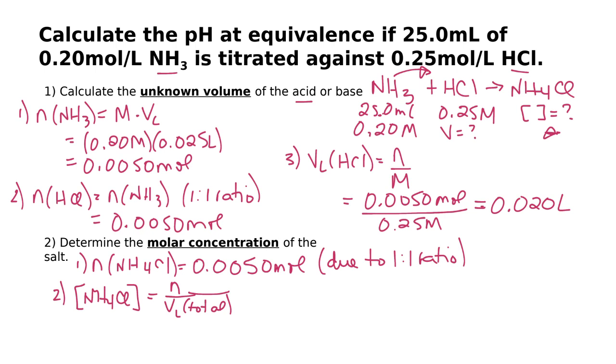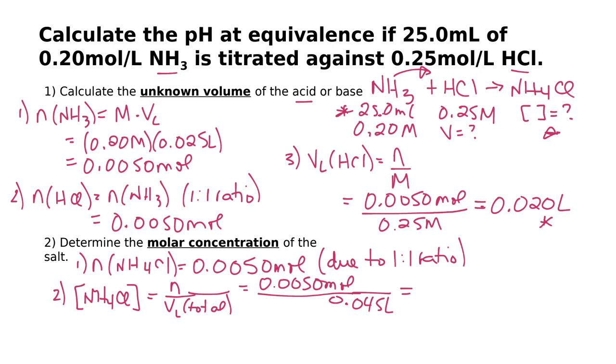It's all sitting there. So we're going to sub this in, so 0.0050 mole. And my total volume is this 25 mL from the base and this 20 mL from the acid. So we're going to have 0.045 liters there.